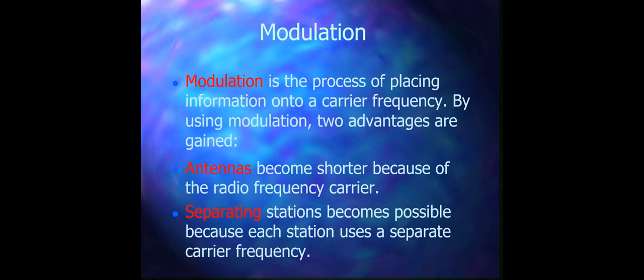So by modulation our two problems which were there in the simple radio system have been resolved, because with the help of modulation our antennas are shorter, and we are also able to separate stations. These are possible only if we do the modulation. We will learn about amplitude modulation, frequency modulation, and phase modulation in the coming lectures.